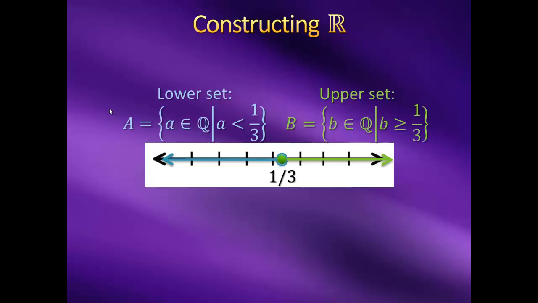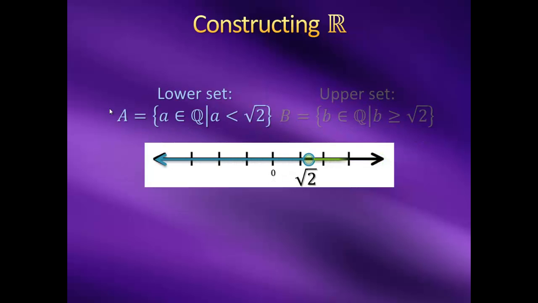But what if we make our cut at an irrational number? Perhaps we could make our cut such that the lower set contains all the negative numbers union the solution of the inequality x squared is less than or equal to 2 in the rational numbers. We've already said that there's no solution to the underlying equation x squared equals 2 in the rational numbers.